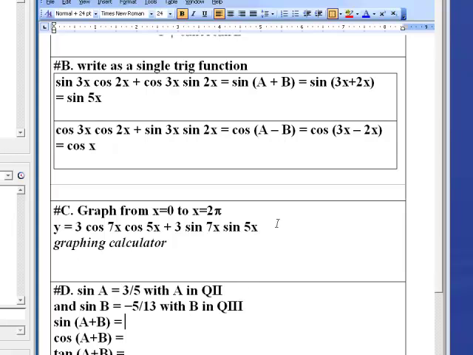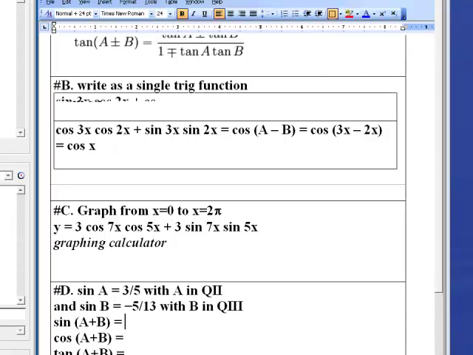Okay, and we're supposed to figure out what is sine A plus B, cosine A plus B, and we're supposed to figure out in which quadrant A plus B is terminating.